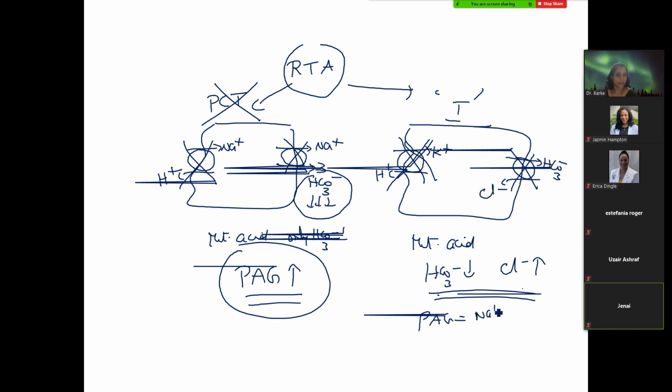So it will be sodium minus, bicarbonate will decrease, but chloride at the same time has increased. So this number will not change. That means the anion gap stays normal. Okay, so that's why in renal tubular acidosis, it will depend on which site is affected. If PCT is affected, anion gap will increase. If I cell is affected, anion gap remains normal. Okay.